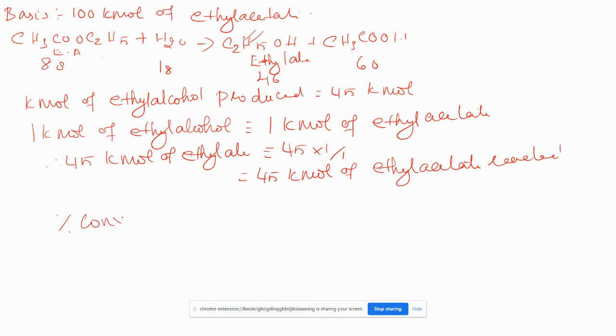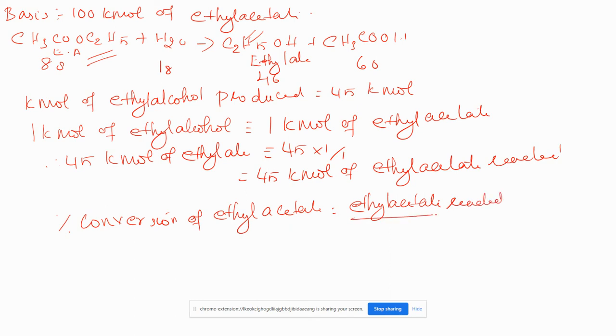So here, for percentage conversion, we have to take the main reactant only. Percentage conversion of ethyl acetate will be ethyl acetate reacted divided by ethyl acetate charged, into 100.